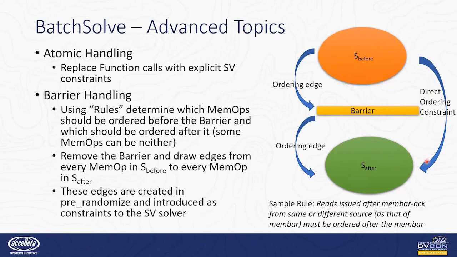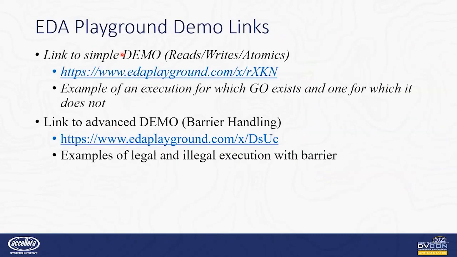And this computation of edge detection is done in the pre-randomized phase, and the edges are actually presented as constraints to the SV solver. And that's how we handle barriers in BATS at a high level. For those who are interested, we provide links to EDA Playground, and we have created two demos.